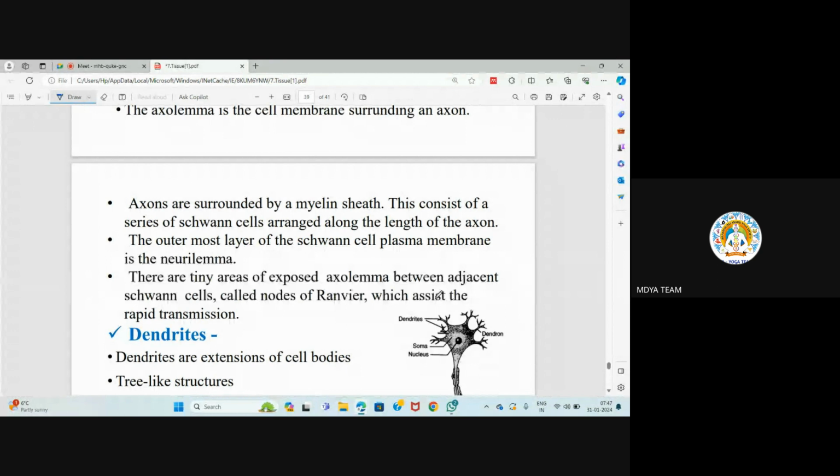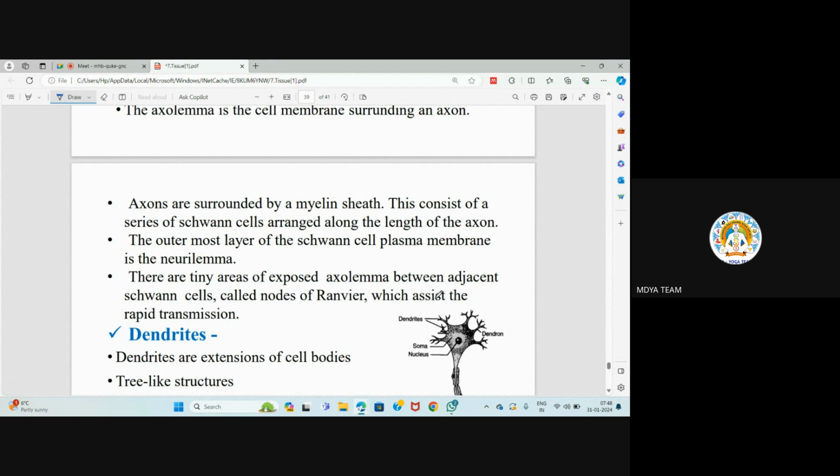They are made up of Schwann cells and they cover the axon to make the conduction process faster. The outermost layer of the Schwann cell plasma membrane is the neurolemma.